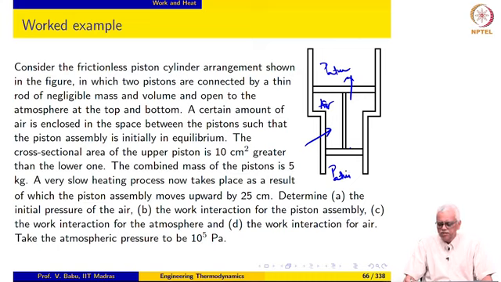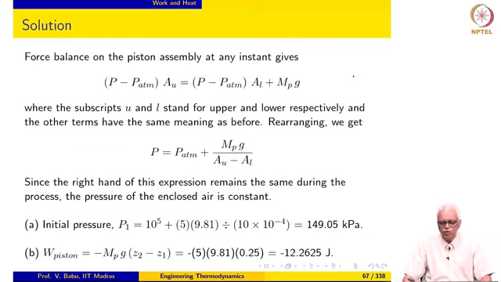Similarly, the atmospheric pressure exerts an upward force here and a downward force here. So, we do a force balance on the piston assembly, and this is what we get. The subscript U denotes upper and the subscript L denotes lower. Okay. So, the net force balance looks like this, which can then be rearranged to give an expression for the pressure of the air in the cylinder at any instant during the process.